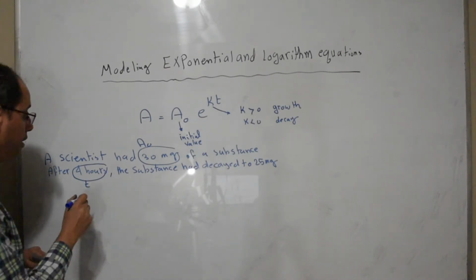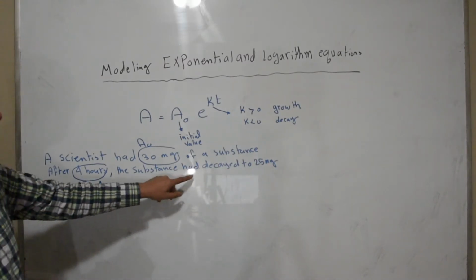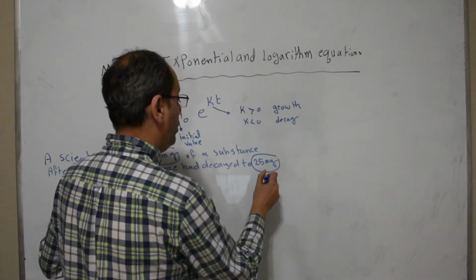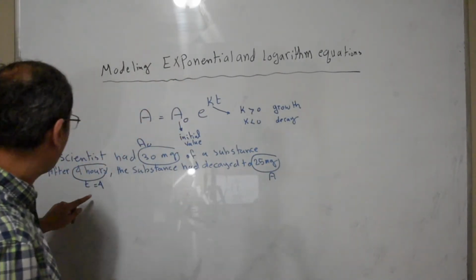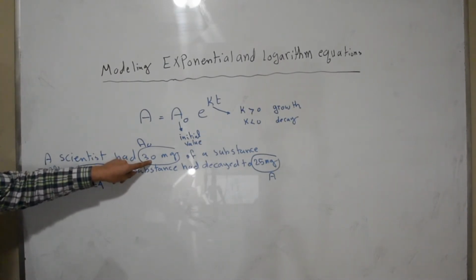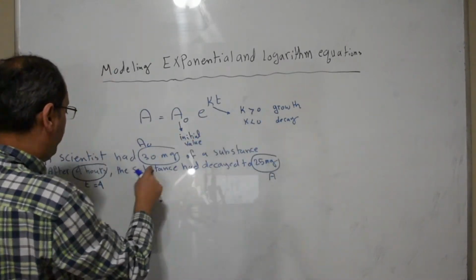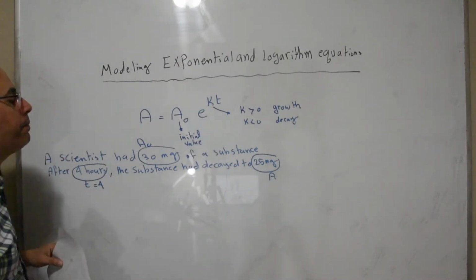So how much is t here? t is 4. Okay, the substance had decayed to 25. So this is A. So when A is 25 with time 4, and the initial amount is 30, I can get k. I have all the information, and I'm going to write this and solve for k.